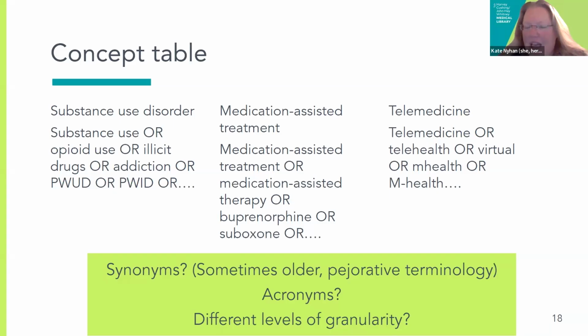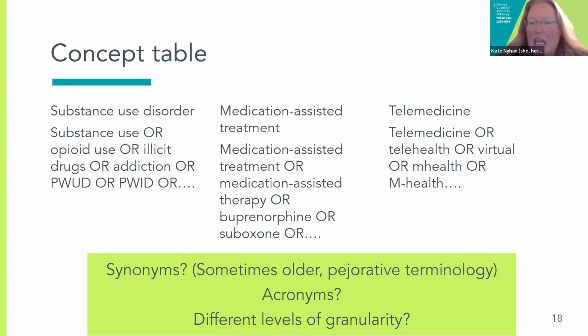For example, if I want to read papers that address the use of medication-assisted treatment through telemedicine for substance use disorder patients, well, for the substance use disorder concept, I might use the phrase substance use, or opioid use, or illicit drugs, or addiction.